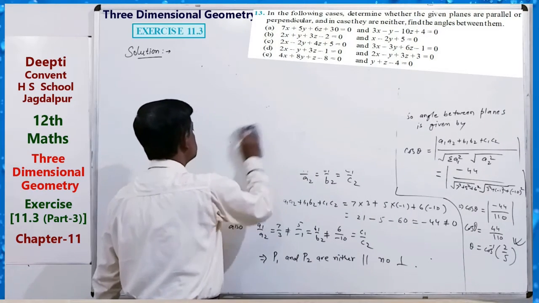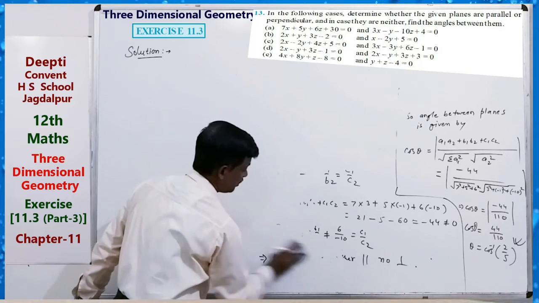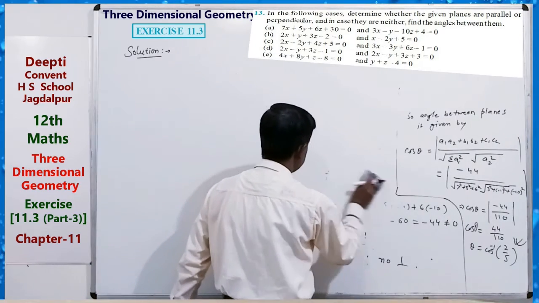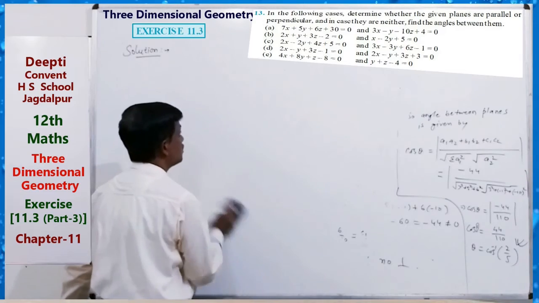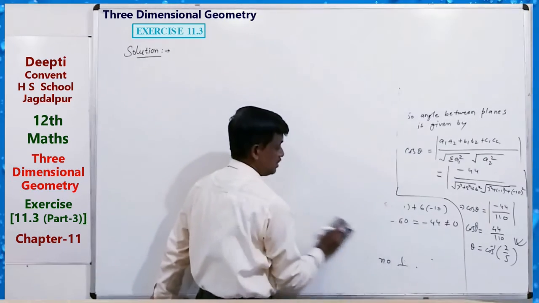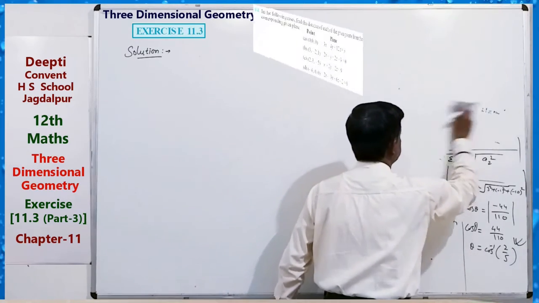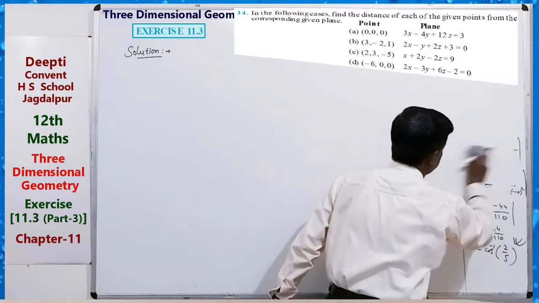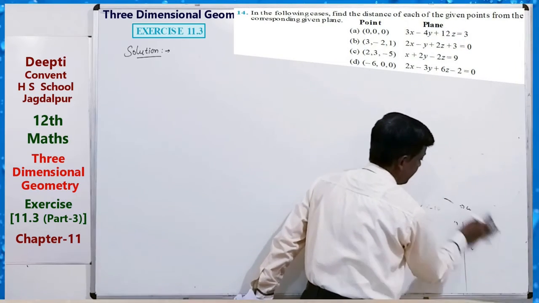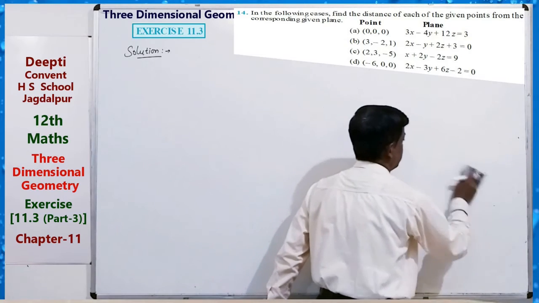We know the distance of a point from a plane is given in vector form, and also in Cartesian form, just like the distance of a point from a line in two-dimensional geometry. So what is our formula?